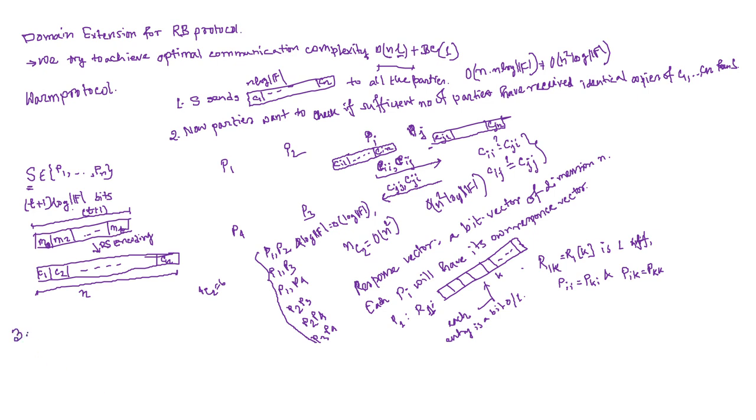So now at step 3, each Pi broadcasts the n bits of the corresponding response vector using the bit broadcast protocol.